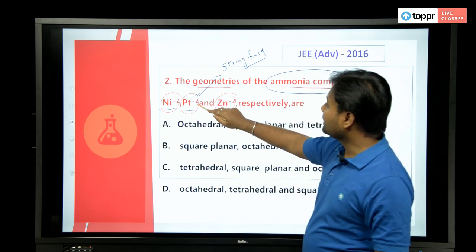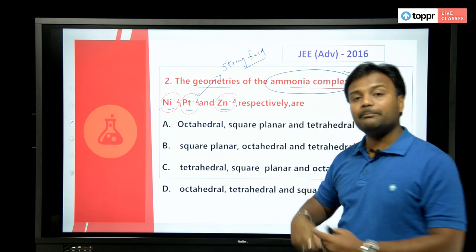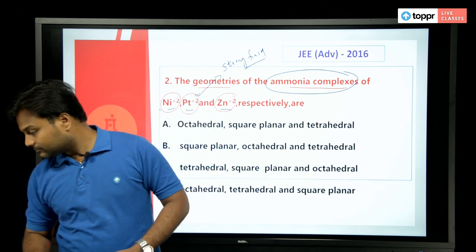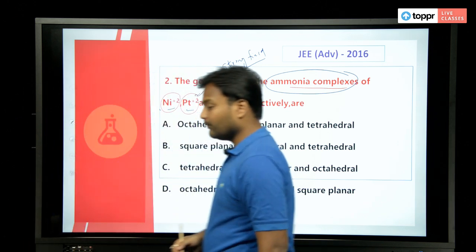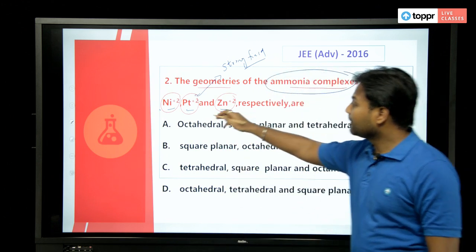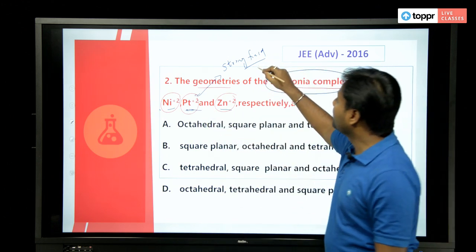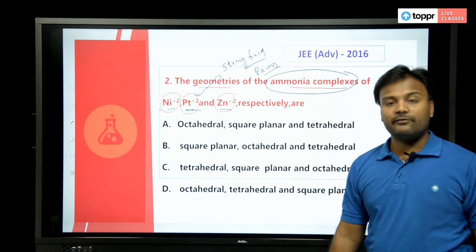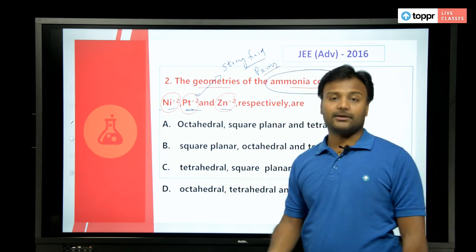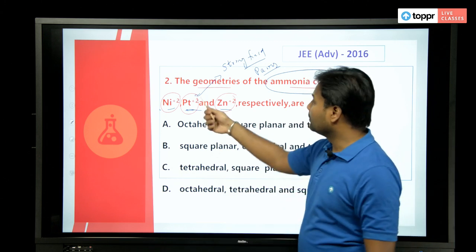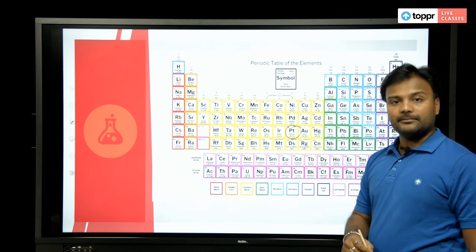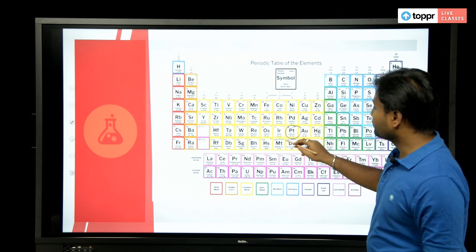Now what happens, as it is a strong field ligand, whether it pairs up or it cannot pair up the electrons. A strong field ligand always pairs up the electrons, right. Now look at the platinum, where is it? You have platinum over here, platinum plus 2, right.